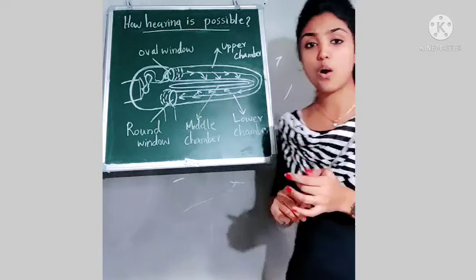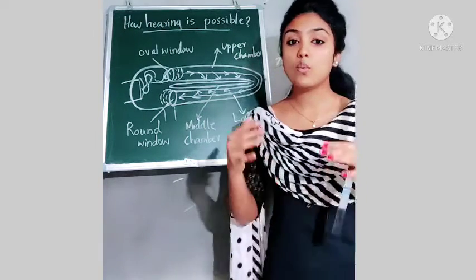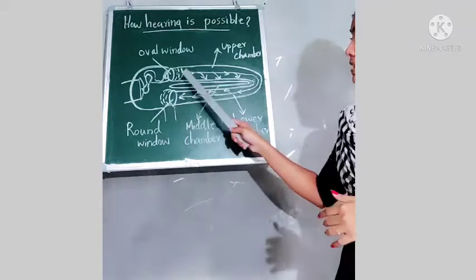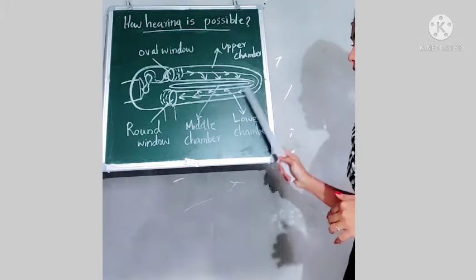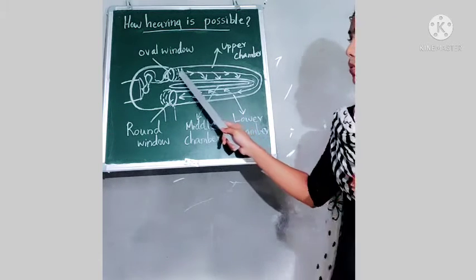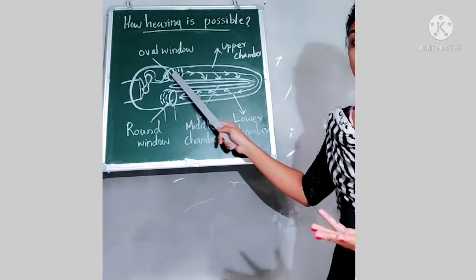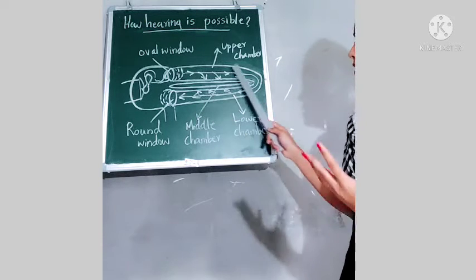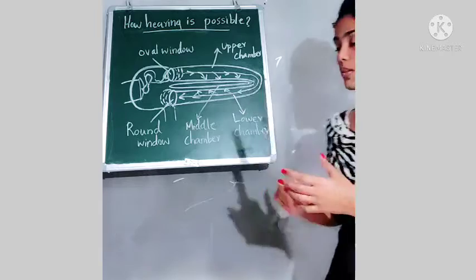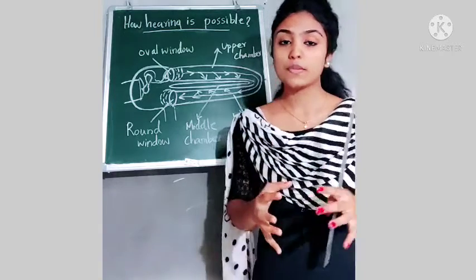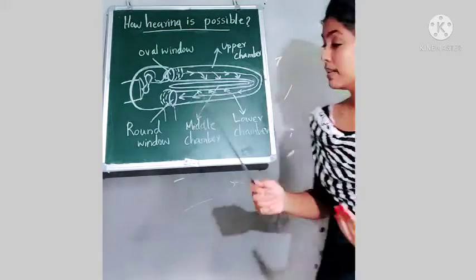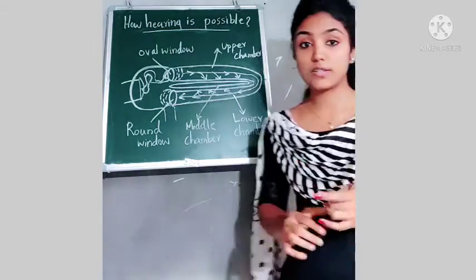When the oval window vibrates, it helps in the movement of fluid inside the cochlea. So as the oval window, or this membrane, vibrates, the fluids start to move.